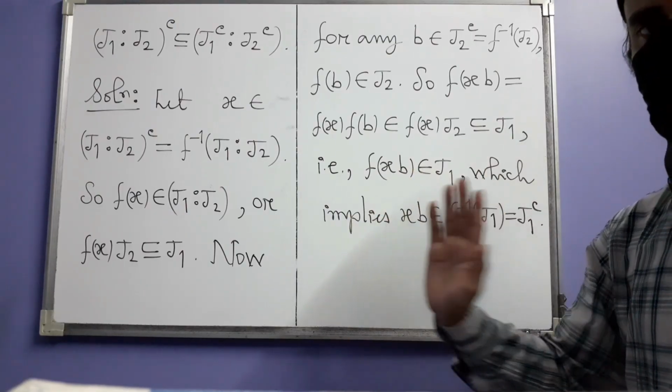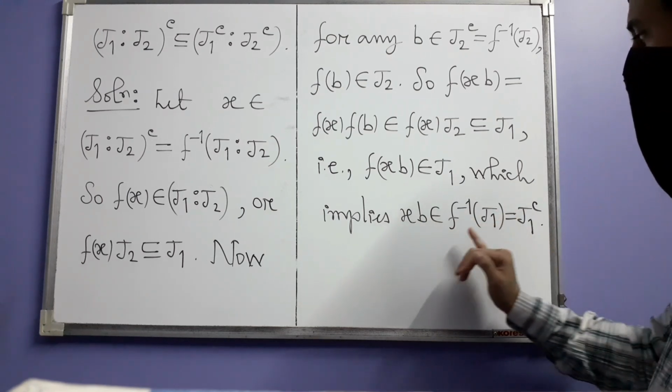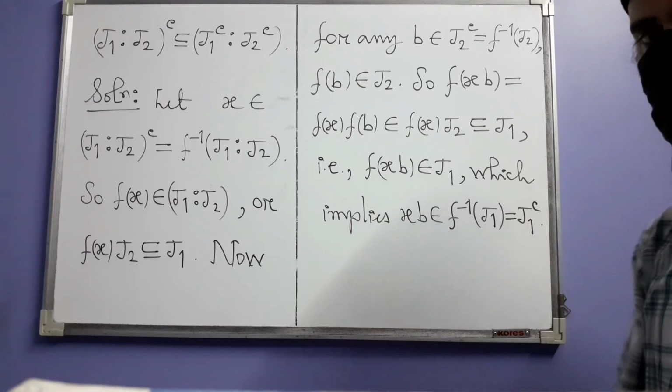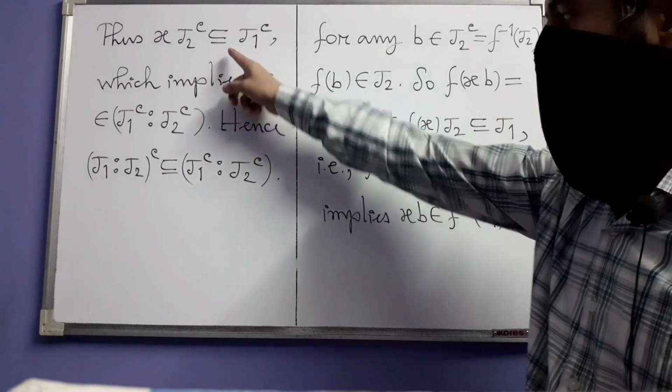But if f of xb is in J1, then xb will belong to the inverse image of J1 under f, which by definition of contraction is J1 contraction. And then we have this.